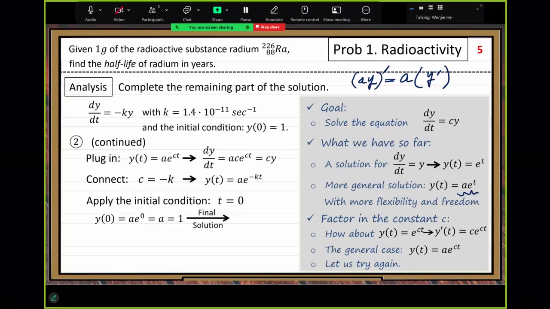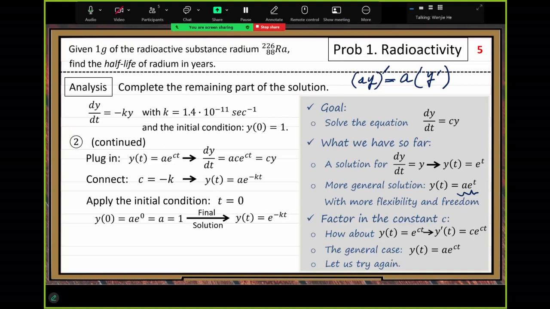Now, let's get a final solution. This is the final solution because a equals 1. We replace a by 1. That's the final solution for the function, for the amount of radium function. Solution for what? Solution for the amount of radium.